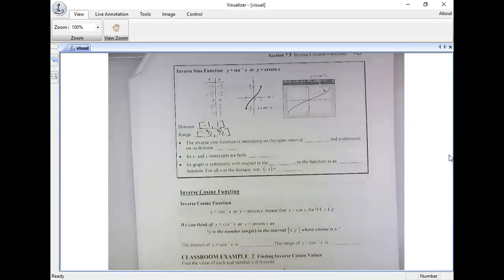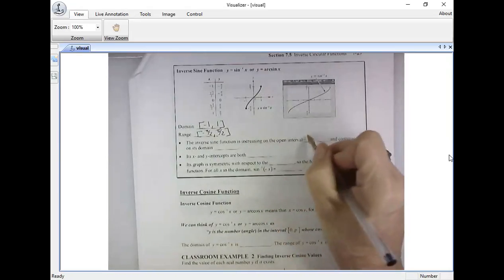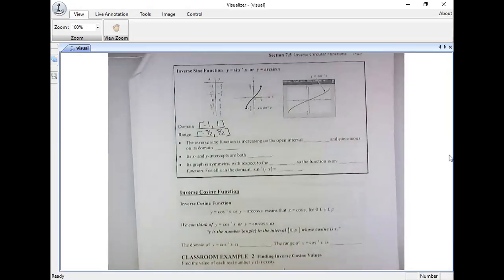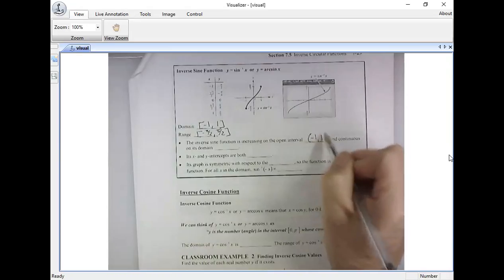Okay, if I'm looking at this graph, would you tell me that this is increasing or decreasing? It is increasing on the open interval. Now use the x values because we always give intervals over the domain where it's increasing. So what would I write here? It increases from x values of -1 to 1.